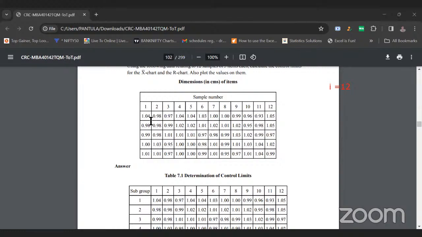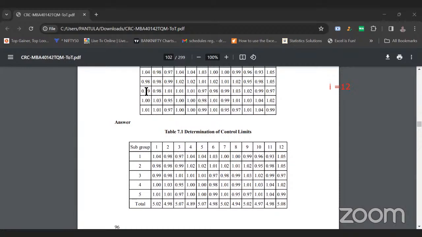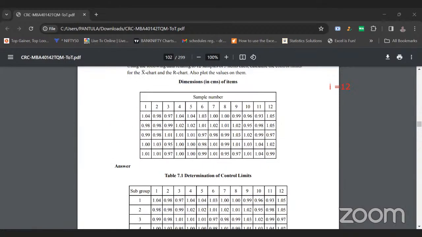For this, we need to insert an extra column, which we call subgroup. The first row forms one group, then the second group, third group, fourth group, fifth group, and so on. Then we calculate the total.